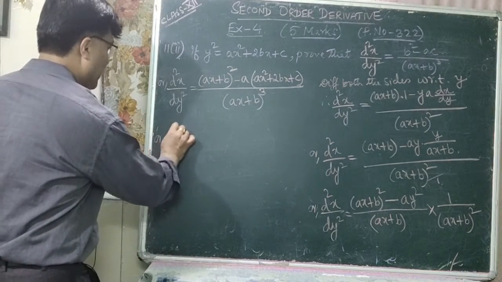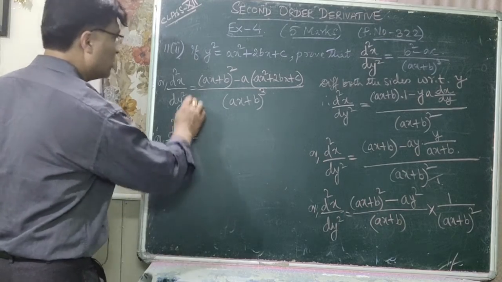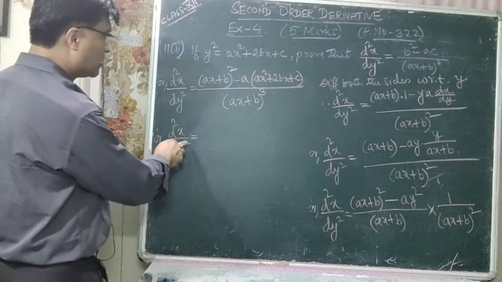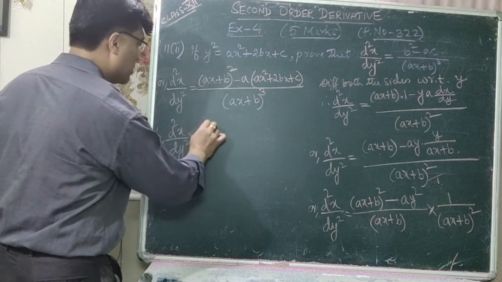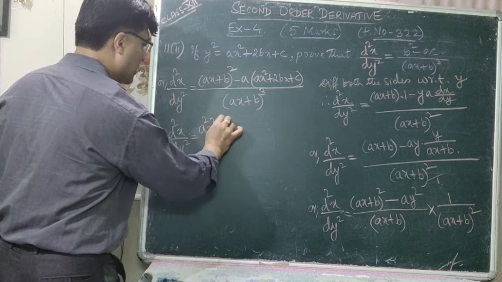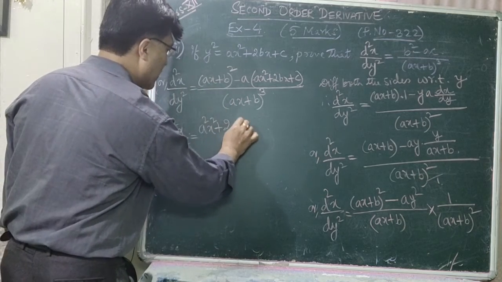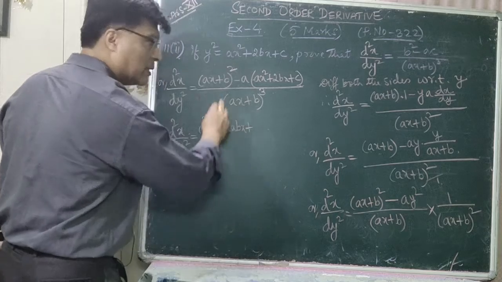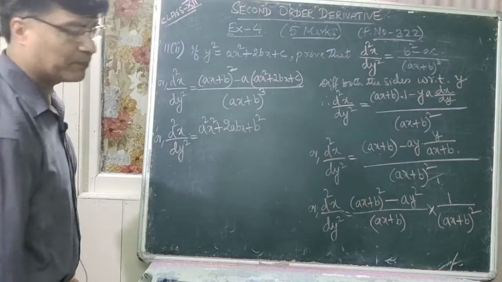Now you can simplify the numerator. d2x by dy square is equal to, now this is (ax plus b) whole square. What is the formula? a square, what is a square? a square x square plus, what is twice ab? 2abx plus, what is b square here? This is your b square.